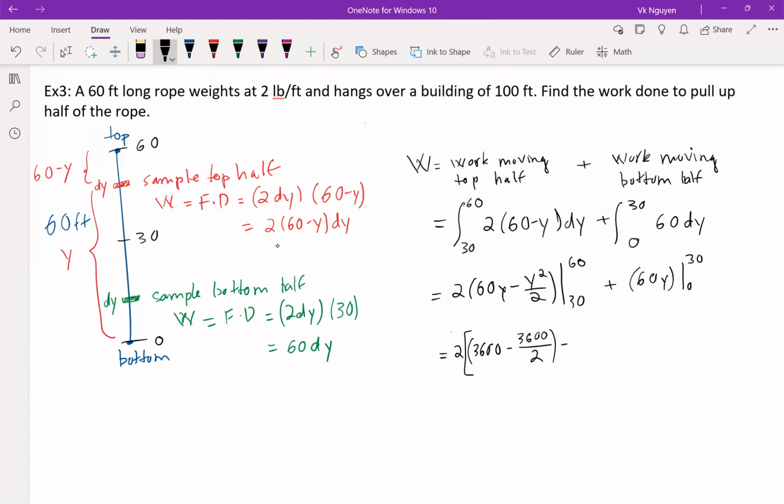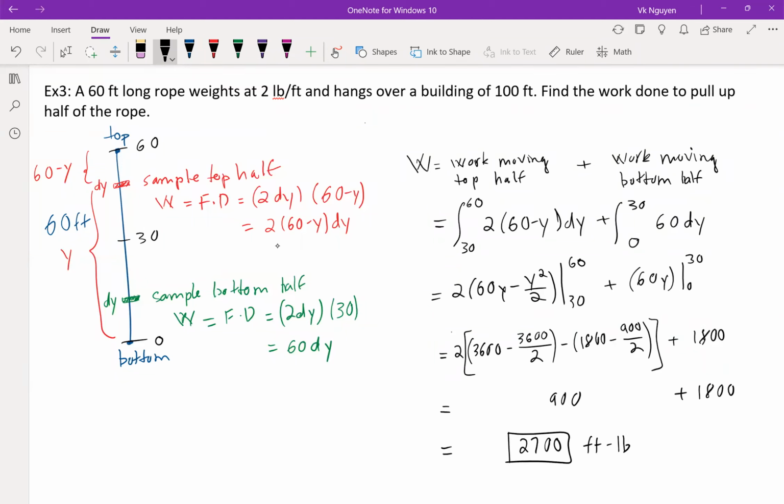And then we subtract the value at 30: 60 times 30 is 1800 minus 30 times 30 is 900 over 2. Plus 60 times 30 is 1800. Work out the arithmetic and we have 900 plus 1800, which gives us 2700 foot-pounds. Ta-da!